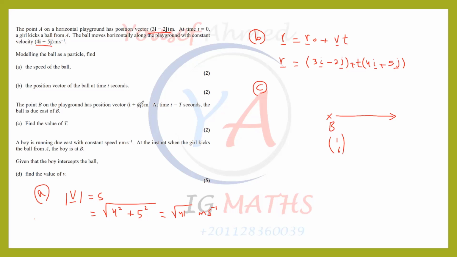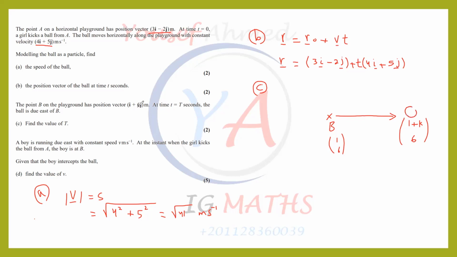Due east means a change happens in the i component, but no change happens in the j component, because it's east. It's mentioned that the ball is due east of B.